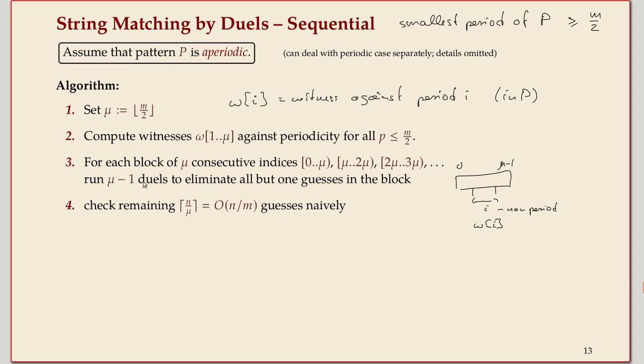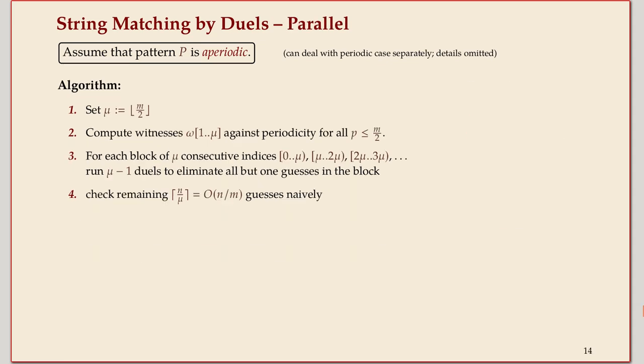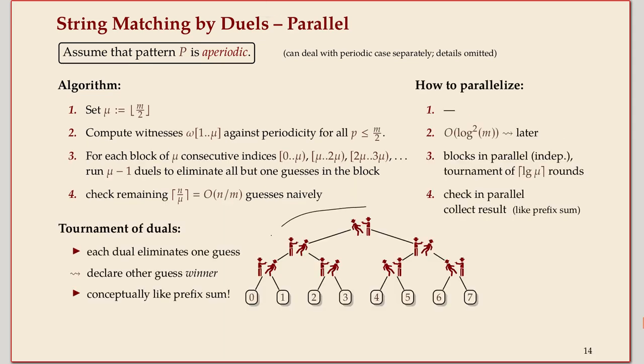And that means once I've done, I'll show you how the duels are done. Maybe I'll show you first how the duels are done. So just look at this picture. I wish we had that on the previous slide. If mu is 8, you would have 8 different positions inside this block that could be potential matches. And now you play this tournament of duels.